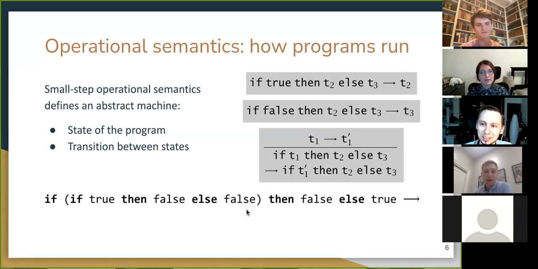Well, I don't know exactly the rules that would apply, but I'd hope the first set of parentheses would just evaluate to false, and then you can simplify from there. Yep, that's exactly right. So here we have this big if expression, and the condition is not yet in the form true or false. So what we have to do is to try to run the condition.